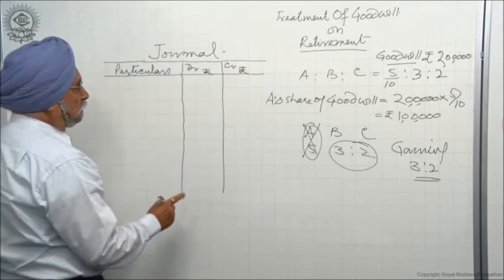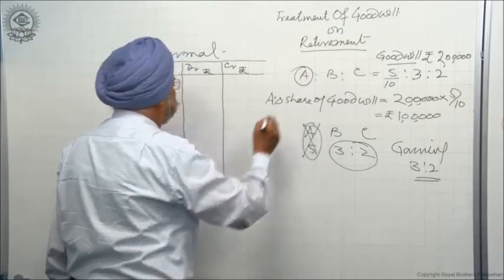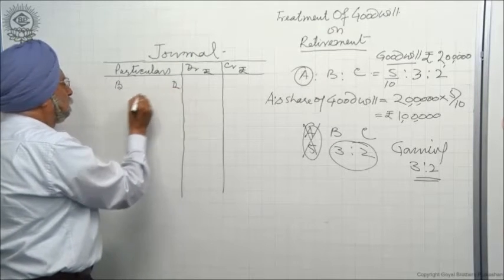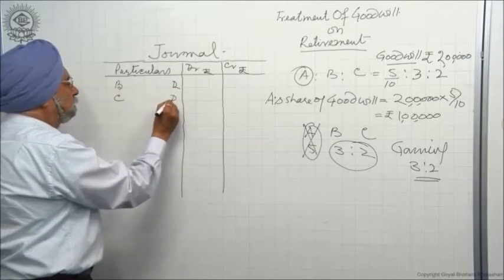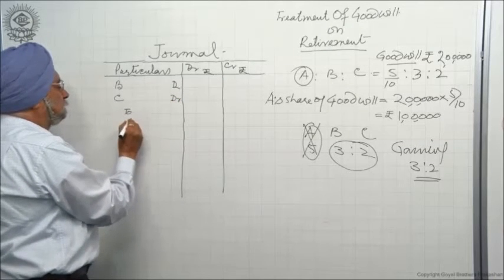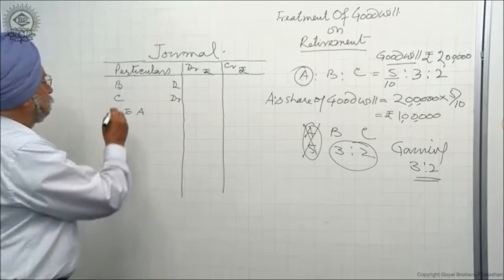In here the retiring partner is A. He is to be compensated by B and C. We will say B debit, C debit, and the sufferer A will be credited.